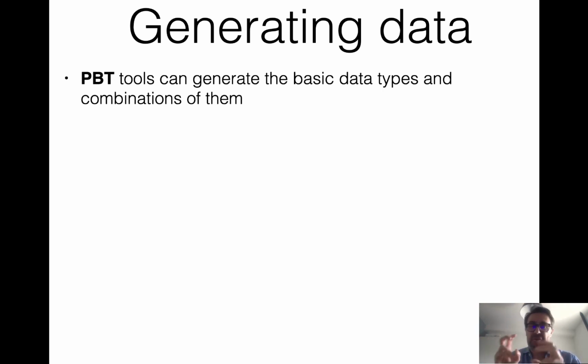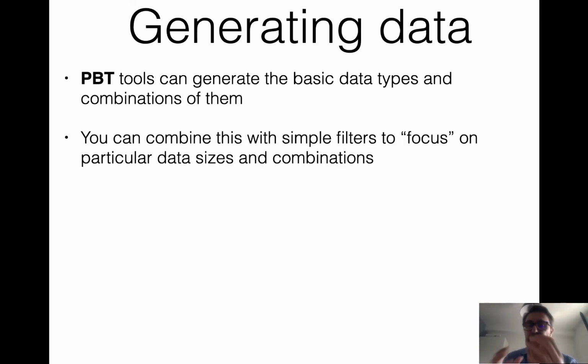So you can have generators of the basic data, and you can put them together to quite quickly build up more complex data structures. So this is supported by all of them. So you can combine this with simple filters like the conditions, or you can do all kinds of normal coding in your properties, if you will, to get data of certain size, or certain combination of sizes, or depth, or nesting, or whatever.